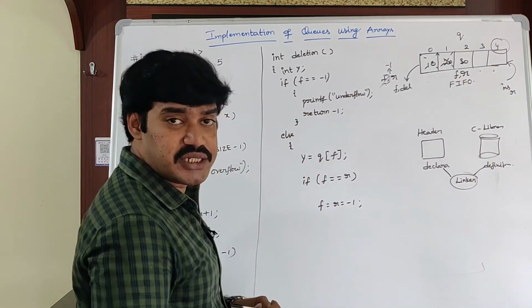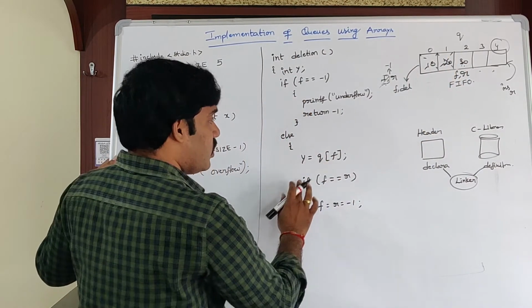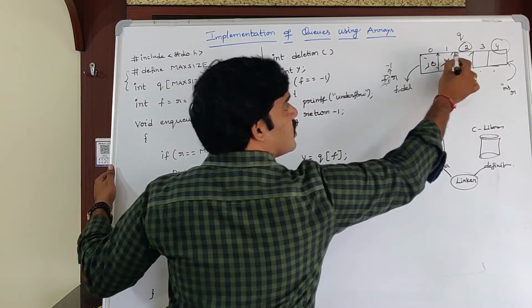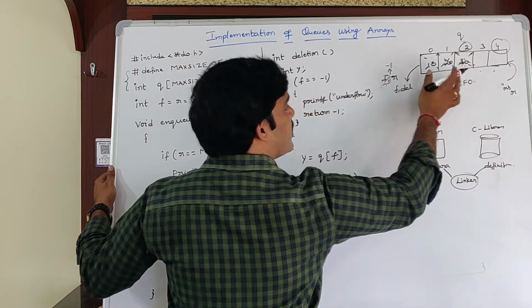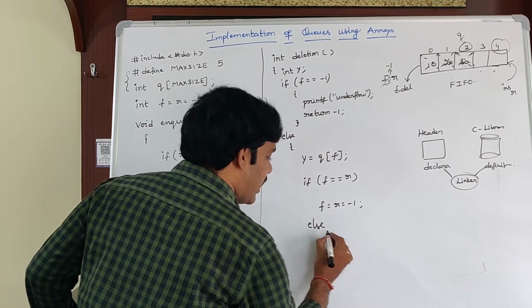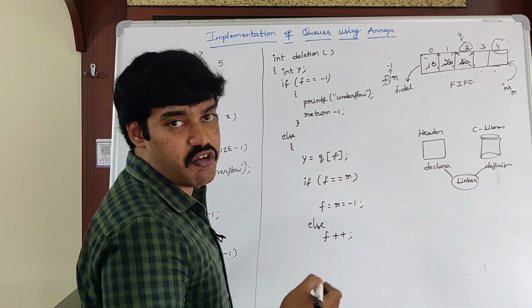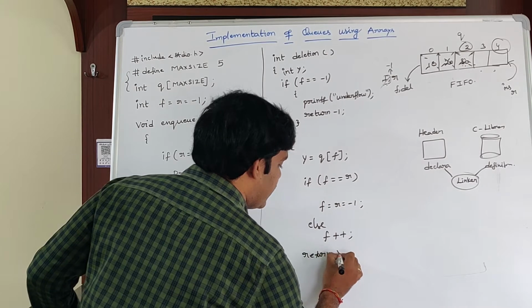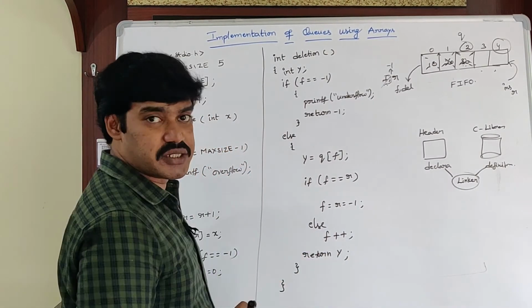Now I am calling the deletion function. Y equal to Q of F means 30. After deleting this element, now front and rear both point to the same index. So after deleting this element, there are no elements in the Q data structure. That means Q is empty. That's why reset them to -1. Otherwise, if F is not equal to R, simply F plus plus, that is F is equal to F plus 1. Next, return the deleted element. Return Y. Closing of else block as well as closing of deletion function.